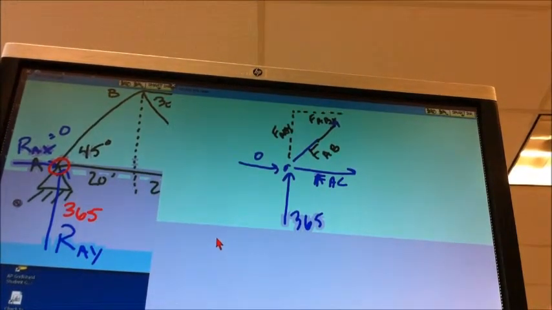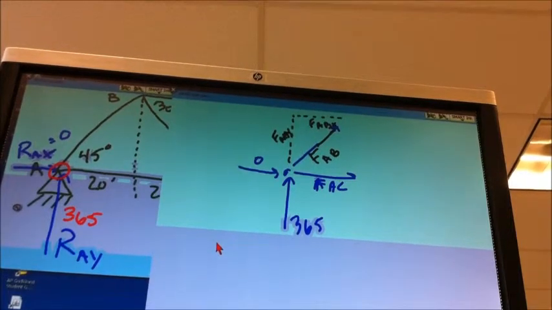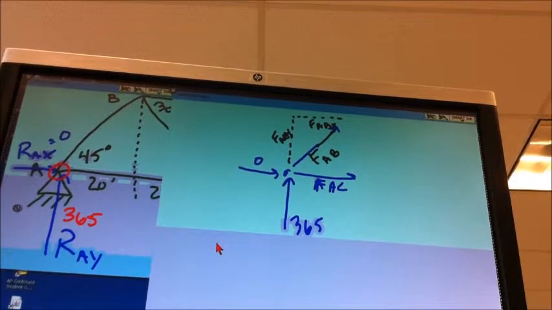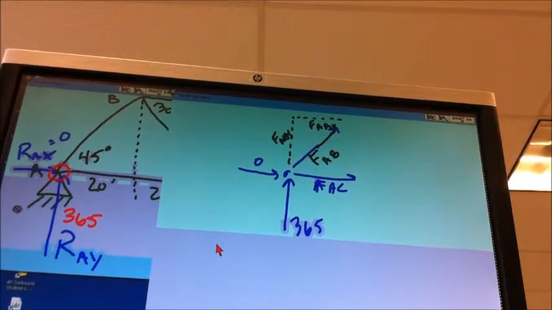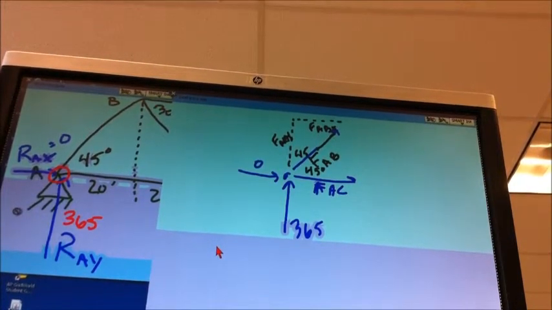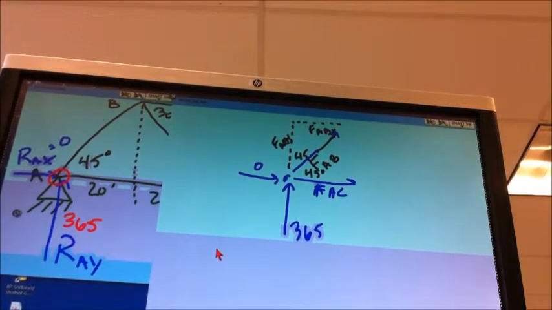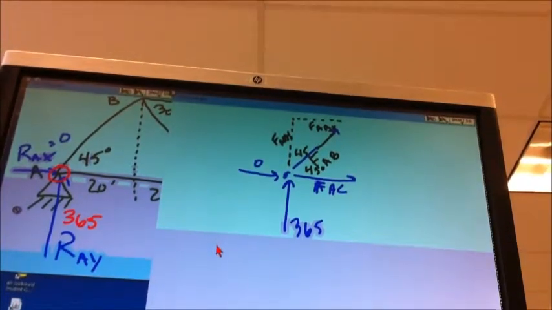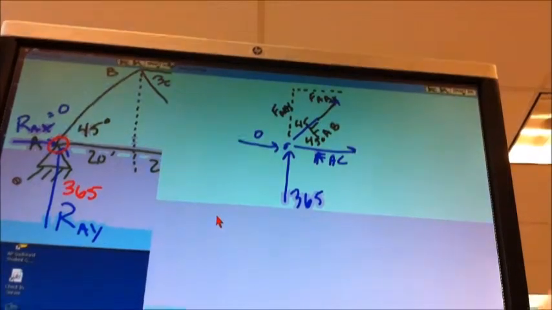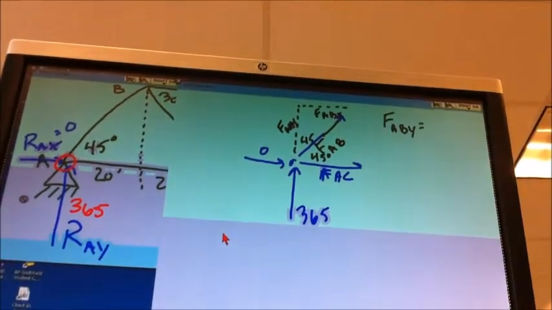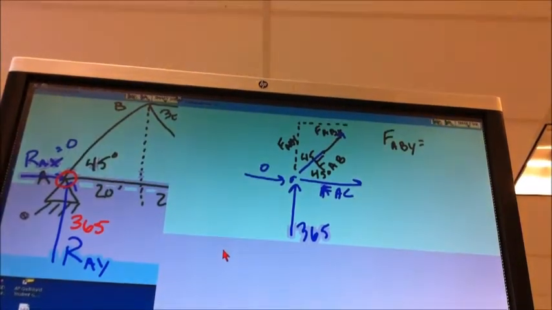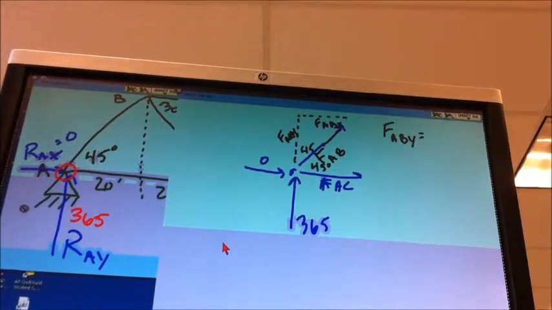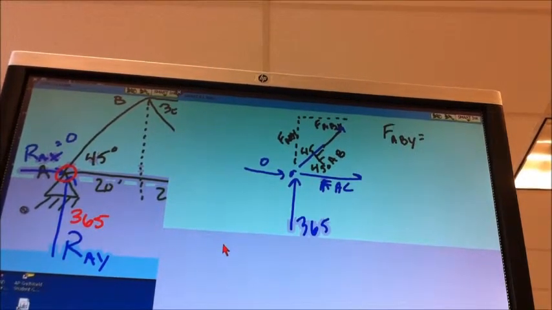If we were to solve for FAB, this is 45 degrees, this is 45 degrees as well. If we were to solve in terms of FABY, remember, FABY is going to be equal to what? 424.3.